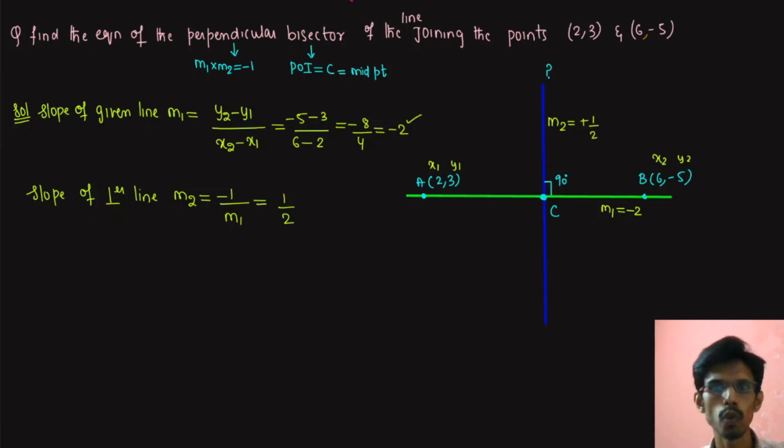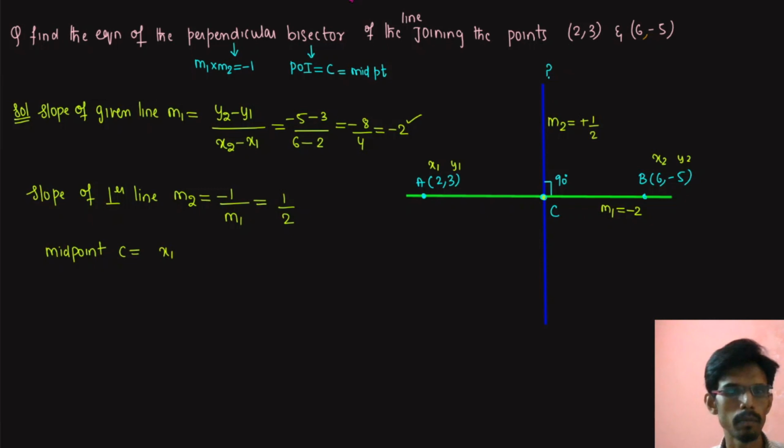Now we got the slope of the required line and we want this point C. The midpoint C is ((x1 + x2)/2, (y1 + y2)/2), that is the average. So x1 is (2 + 6)/2, y1 is (3 - 5)/2.